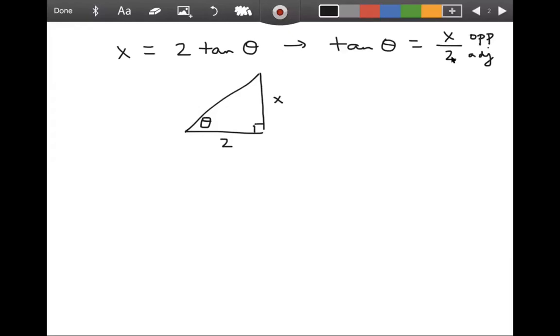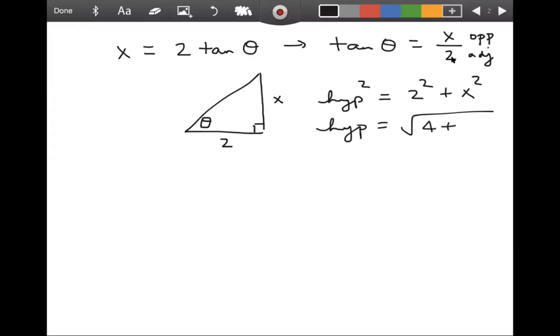And then by the Pythagorean theorem, the hypotenuse squared would be 2 squared plus x squared, which means the hypotenuse is the square root of 4 plus x squared.